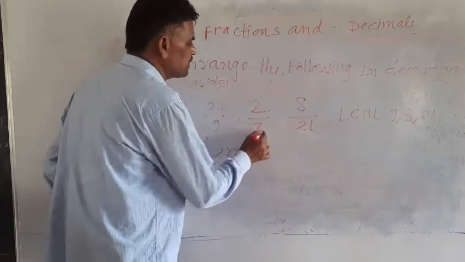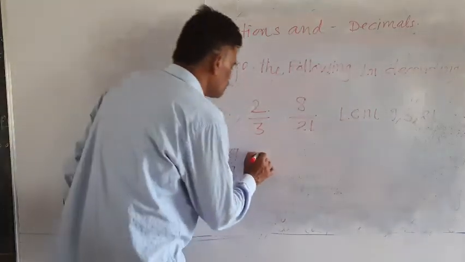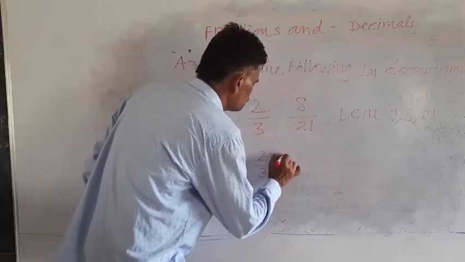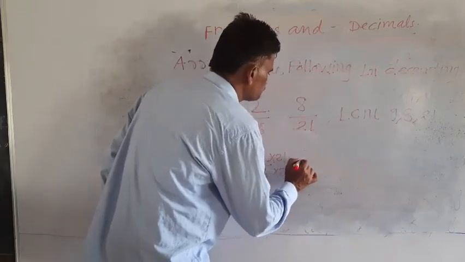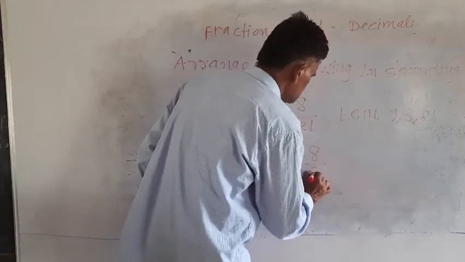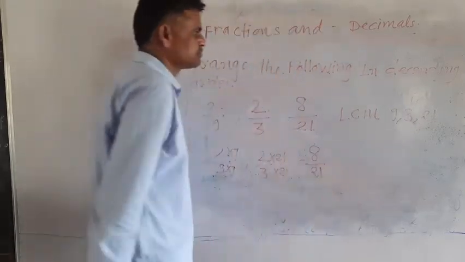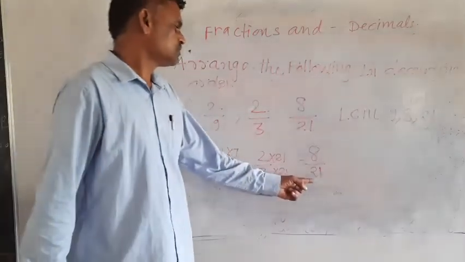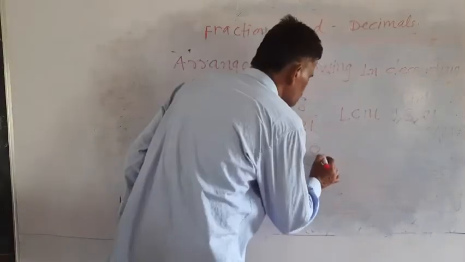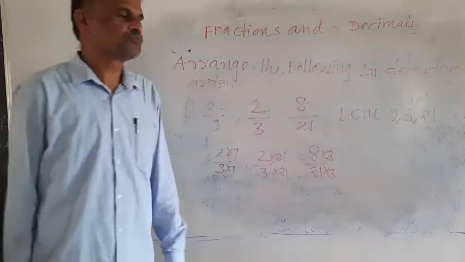Here we have to multiply the denominator by 21, so 2 by 3 into 21 into 21. Here 8 by 21, we have to multiply this number by 3 by 3.